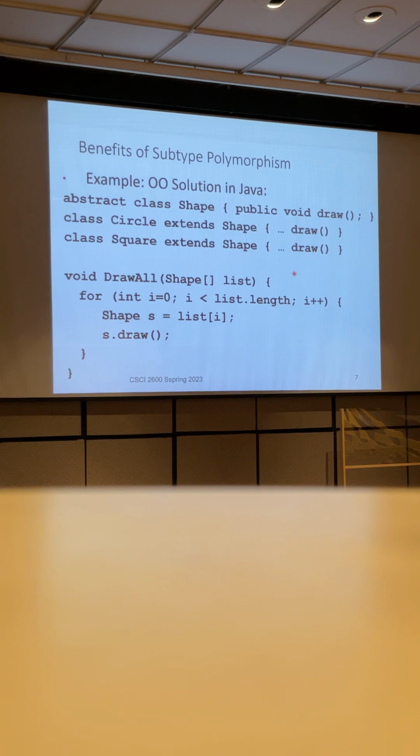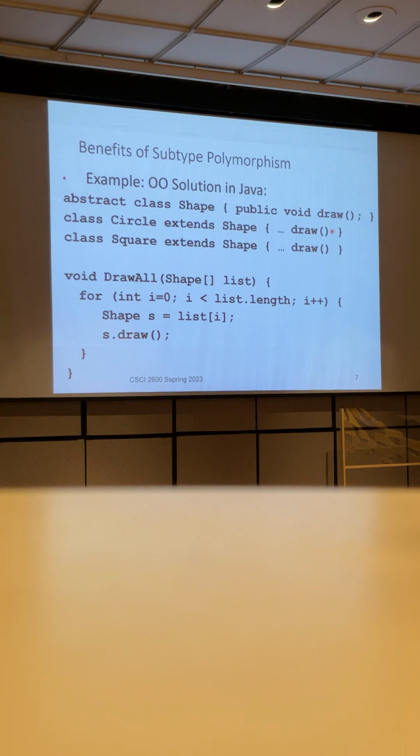So we want an object-oriented approach. Right? So that was C, plain old C. So no object-oriented anything. But in an object-oriented language, we want to capture the fact that all shapes have a draw method, and we are calling draw all. We just need to call draw on every object that we are iterating over.